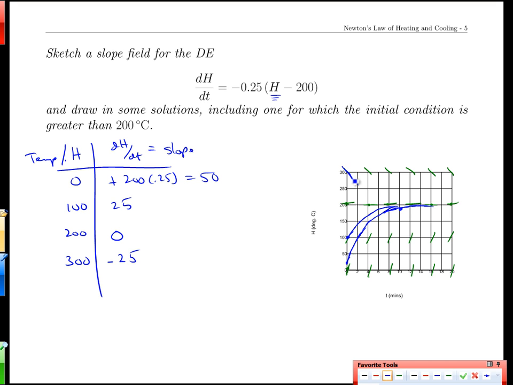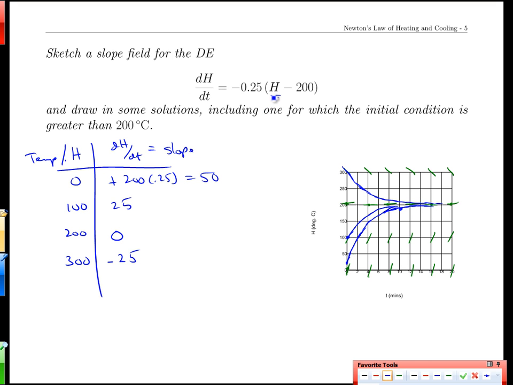Now, let's take a look at one of the examples. If the temperature started above that equilibrium, which we'll talk about in a second, if we started above 200 degrees, so imagine taking something out of a hotter oven and putting it into this cooler oven, well, the temperature would decrease. We'd have cooling happening instead of heating. All of that is dictated by this equation.